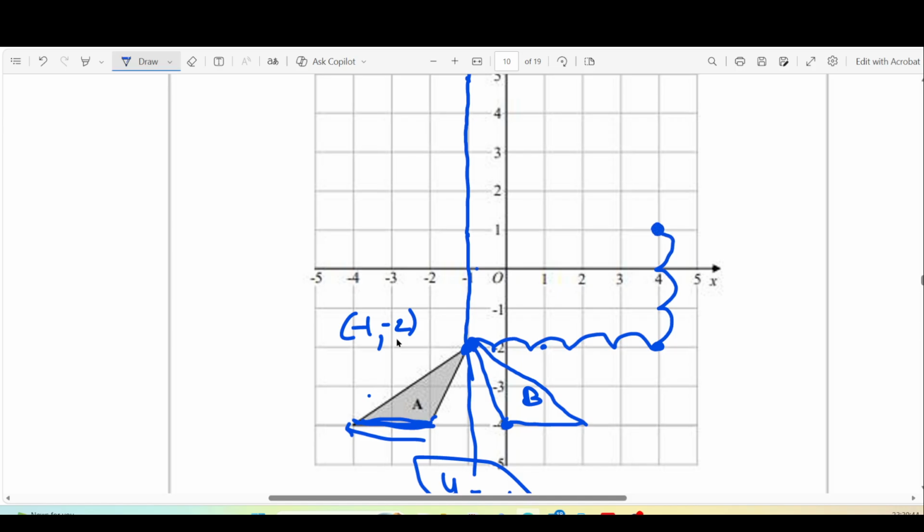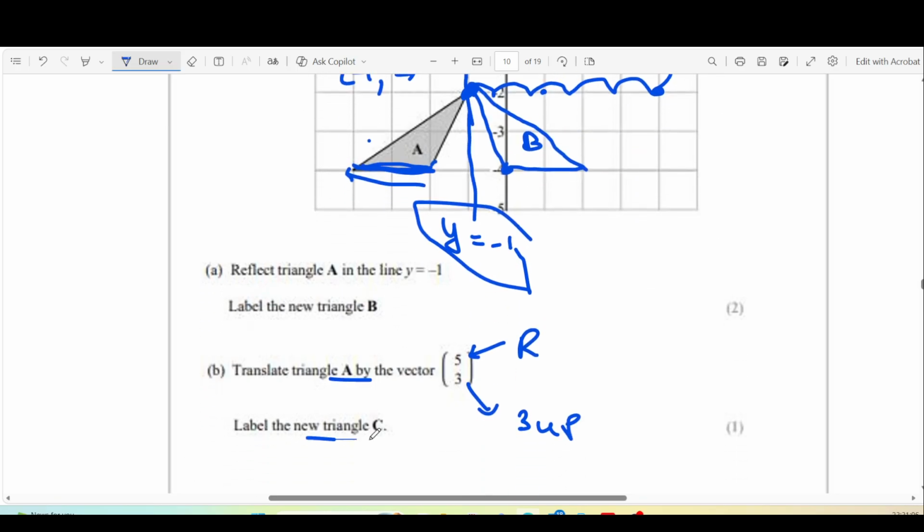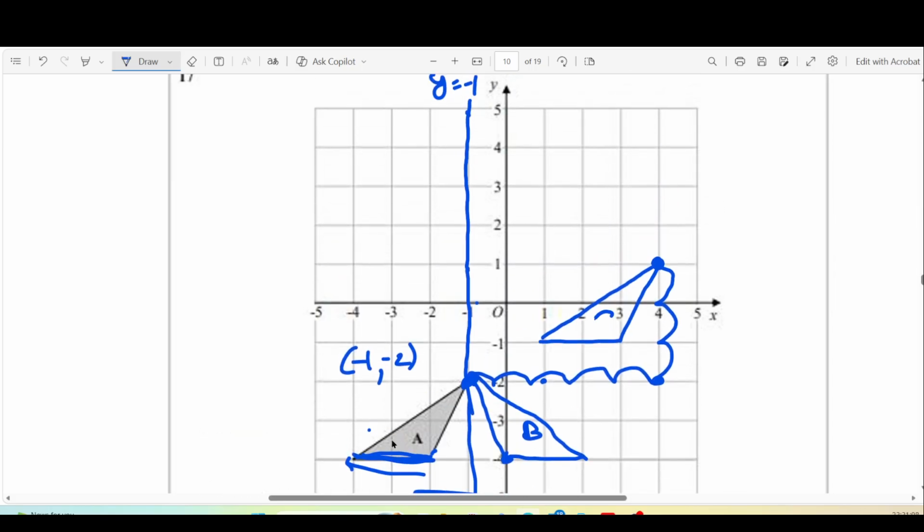So this is going to be this vertex. Then 1 2, then 2 units like this, and just connect these points. This is our new triangle which we have to label as C.